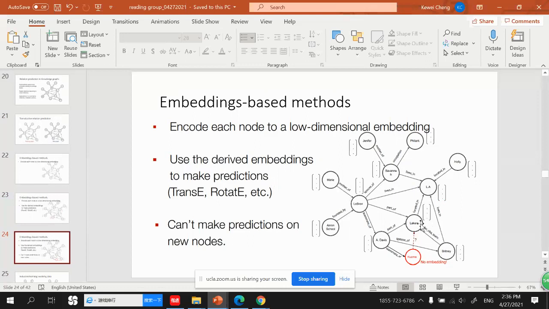And if we do not have the embedding of the new node, there's no way for us to predict which nodes could have a link to it.